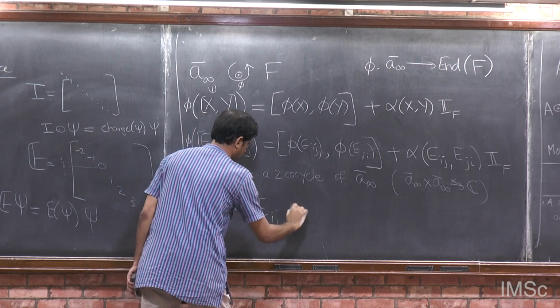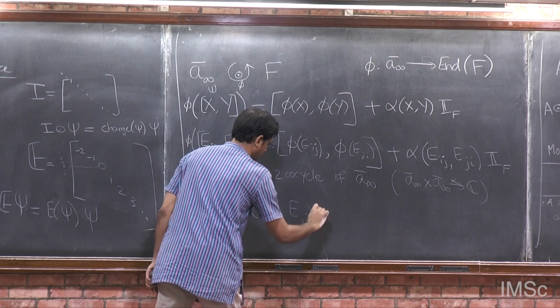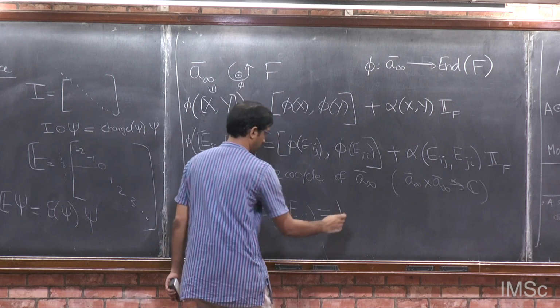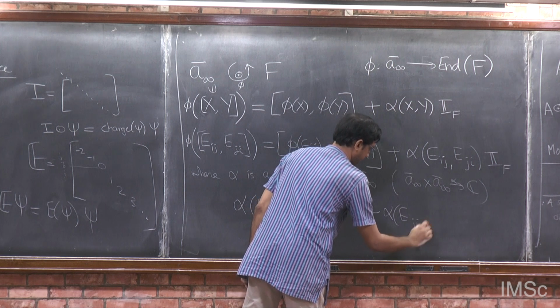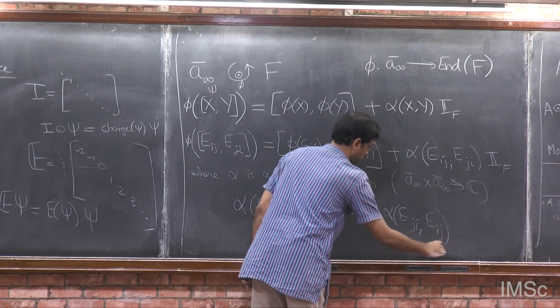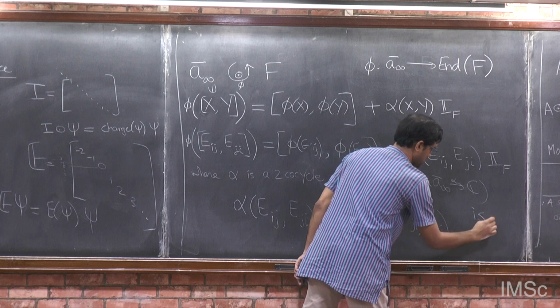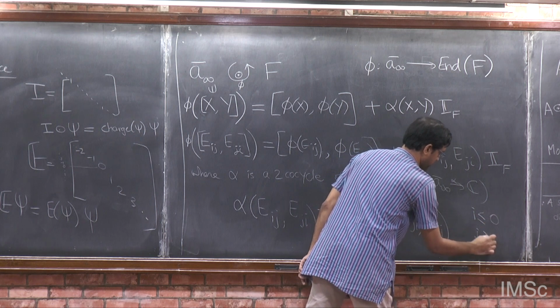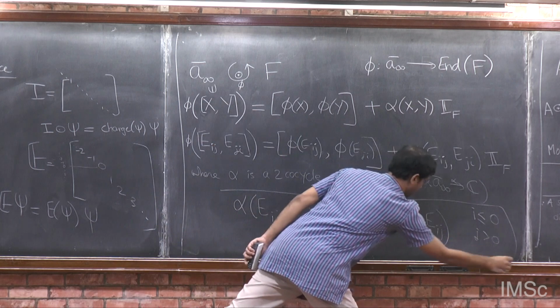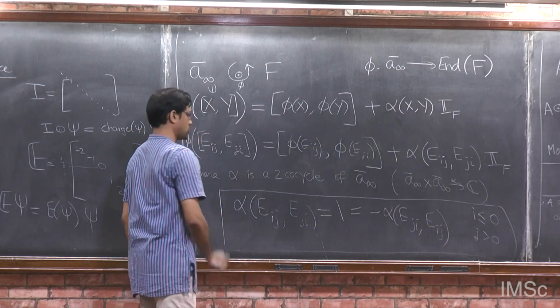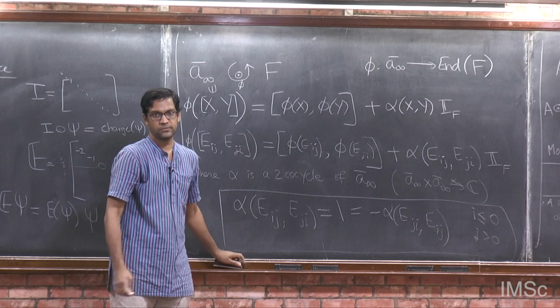E_ij is really the only problematic case where there is a 1, if i is a hole and j is an electron. That's the only non-zero case, and it's 0 for all other pairs.